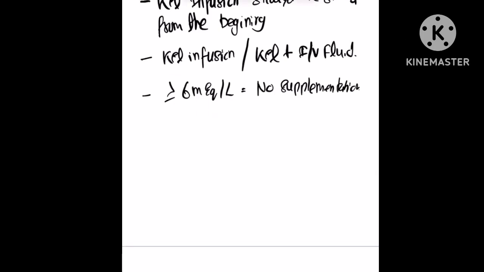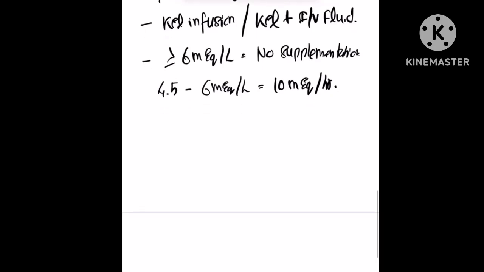When potassium is between 4.5 to 6 milliequivalent per liter, we give potassium infusion at a rate of 10 milliequivalent per hour. When it is between 3 to 4.5 milliequivalent per liter, we give potassium at a rate of 20 milliequivalent per hour.